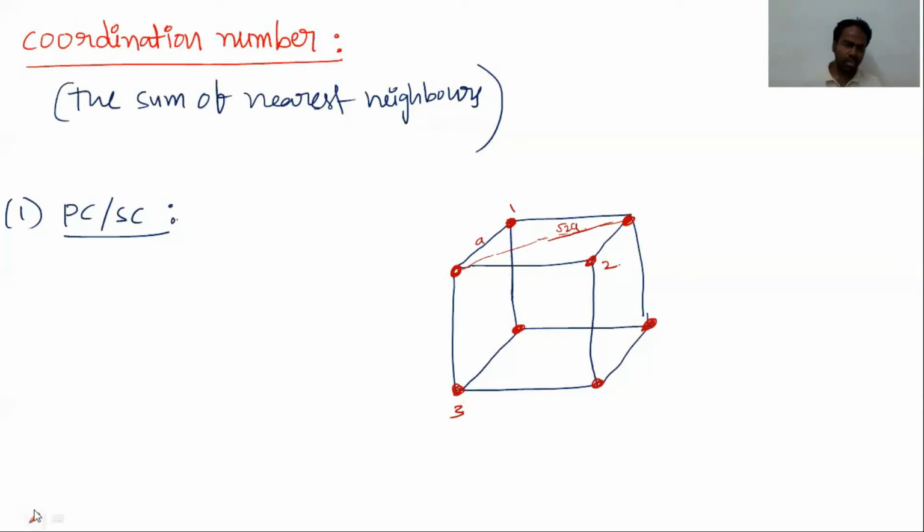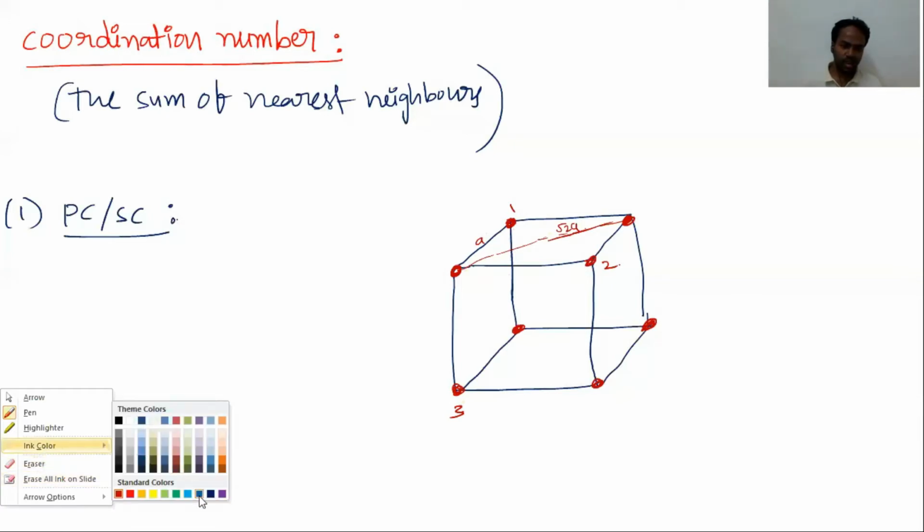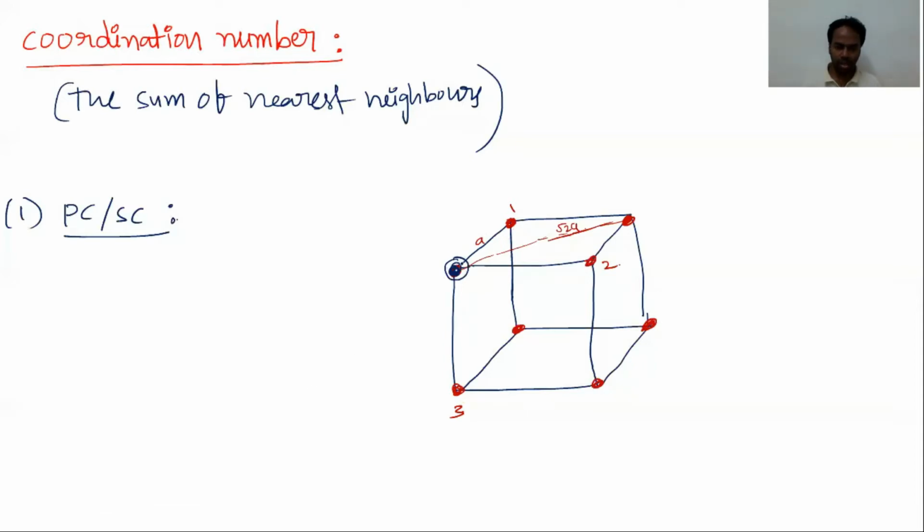But a solid is a 3D arrangement of many unit cells, so take the above and beside unit cells. We need to calculate the coordination number of this lattice point. If you extend this line, one more point will come from the other unit cell.